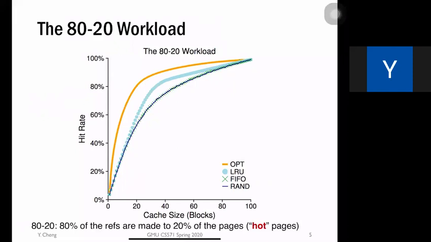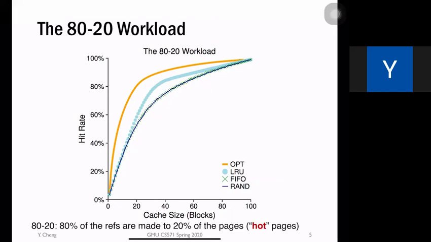Again, this two-dimensional plot shows the performance as a function of the cache size. The y dimension shows performance in terms of hit ratio, and the x dimension shows the cache capacity in terms of the total number of pages that can be cached.